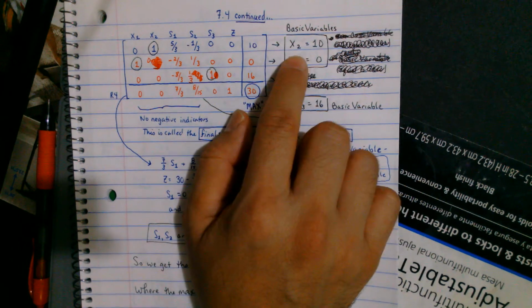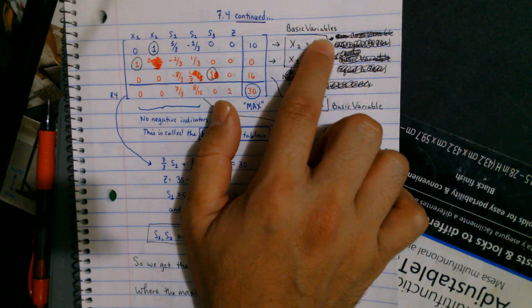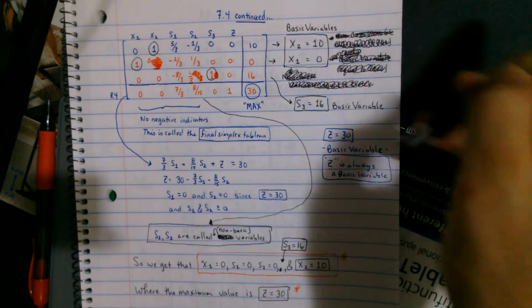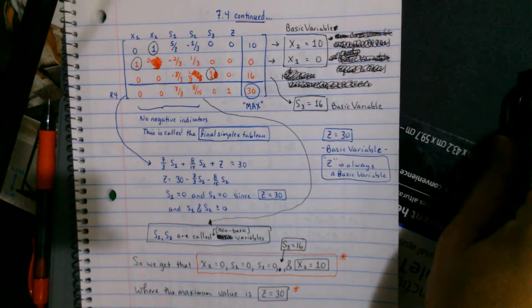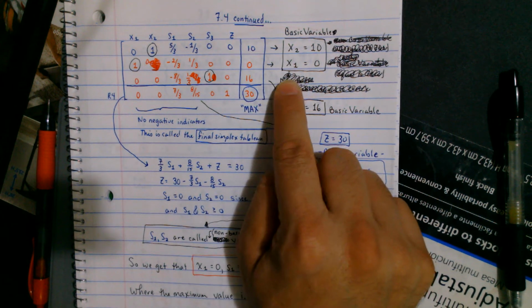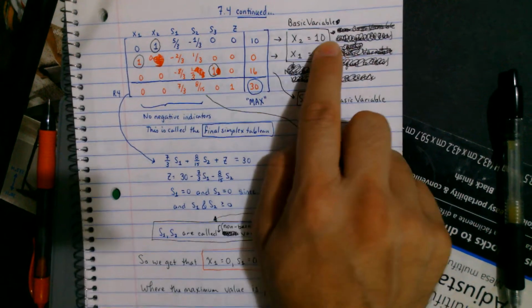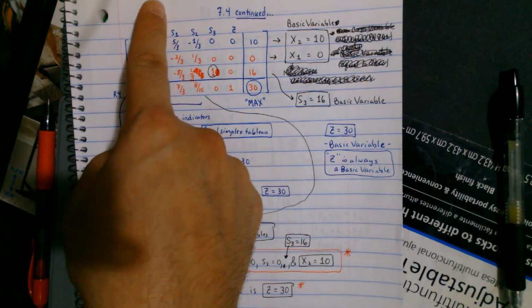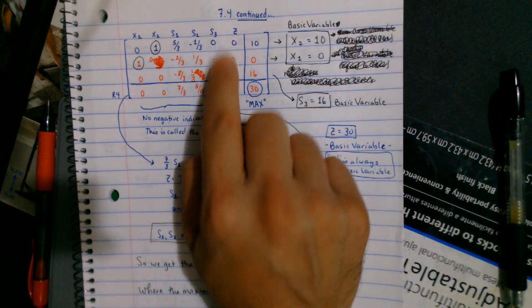Your basic variables are the ones that are not equal to 0. So your basic variable here is essentially 10. So this is a basic. The ones that are 0 are non-basic. So this is a non-basic one and this one's a basic. When you go down here, oh, I'm sorry, I forgot about S3.